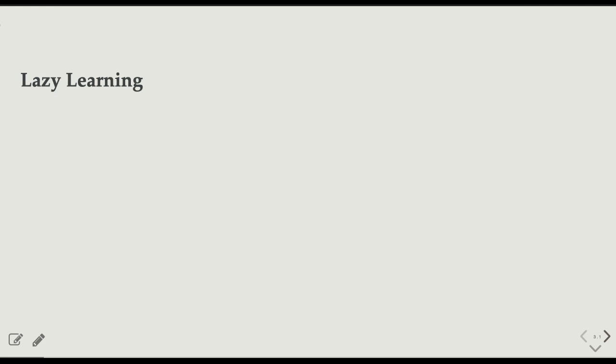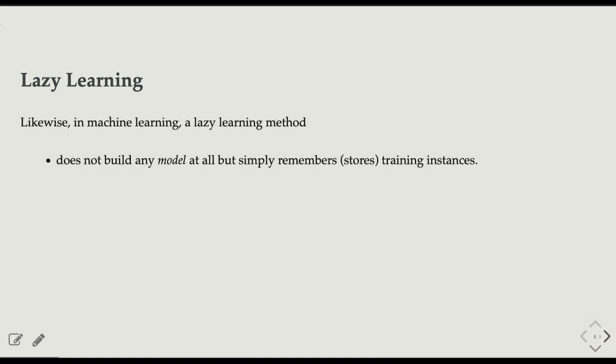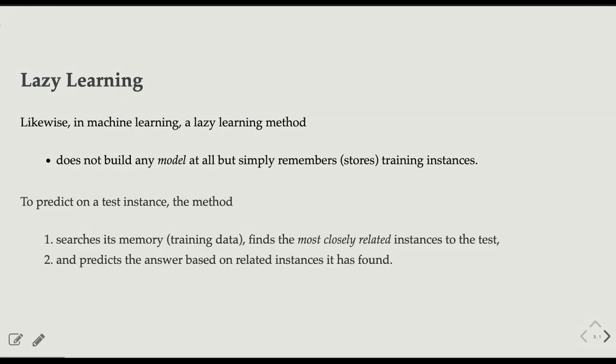I'm not saying it's the best way, but it's the simplest approach. We refer to this as lazy learning because the learning does nothing except for having a copy of everything. So in machine learning, a lazy learning method does not build any model, but simply remembers all the training instances.